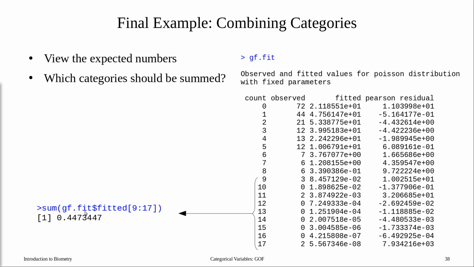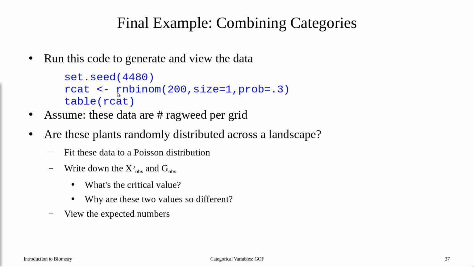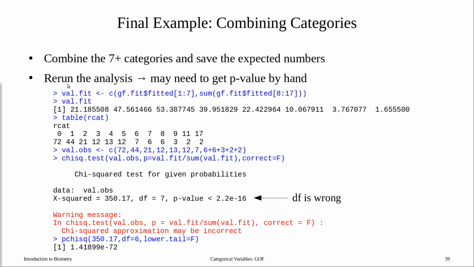So I can access those by taking the sum of the gf.fit, so that's our goodness of fit table. $fitted gives this vector only, and then subscript notation says give me rows 9 to 17. Well, we're going to use 8 to 17. So we're going to take our fitted values.